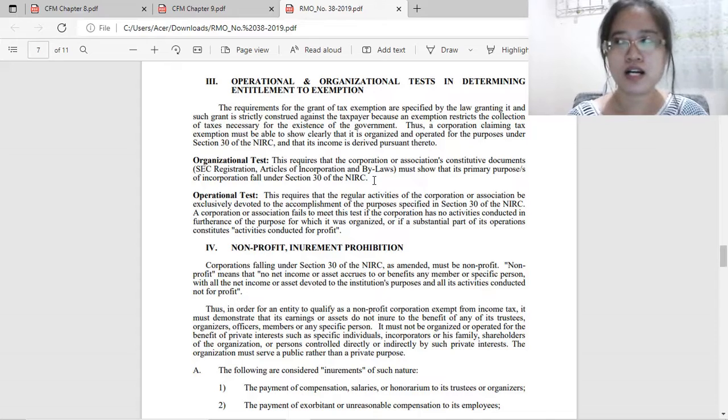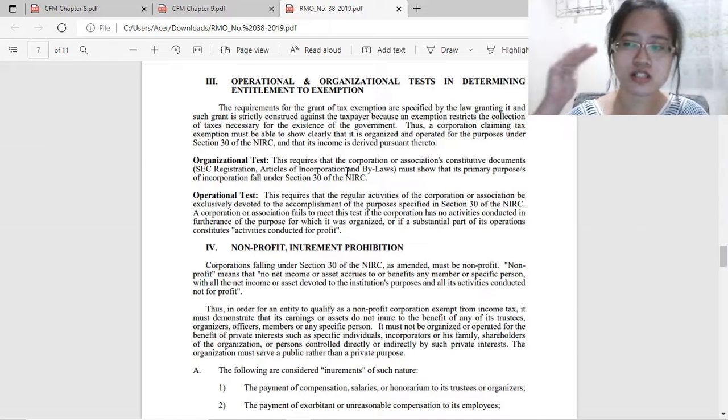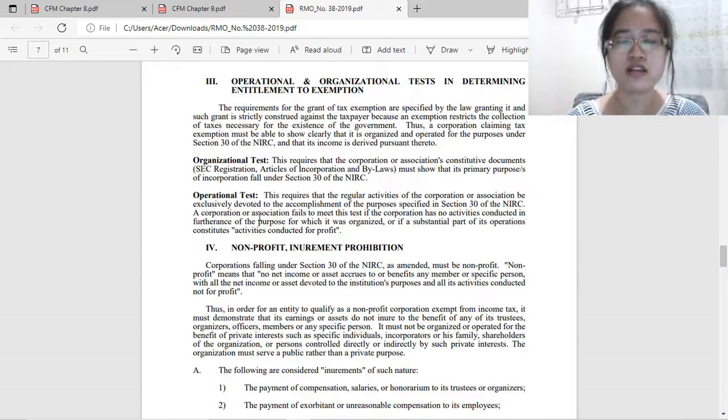In the articles of incorporation, the primary purpose is one of the sections, so they must state clearly that they are for religious purposes or for educational purposes. Operational test. This requires that the regular activities of the corporation or association be exclusively devoted to the accomplishment of the purposes specified in Section 30.